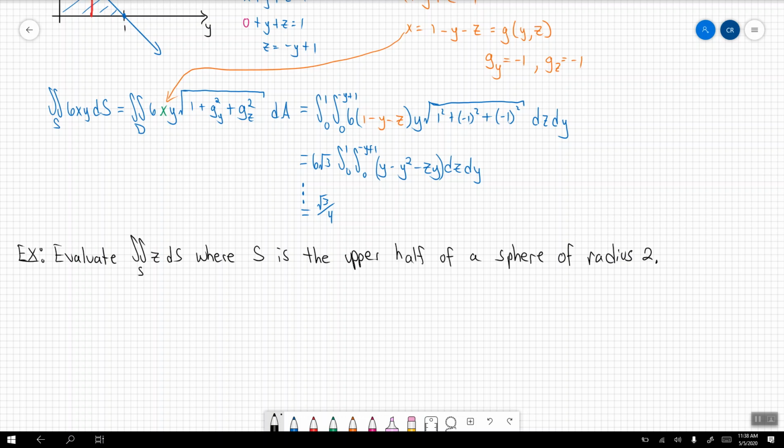Alright, so now what we have here is we want to find this surface integral, but the surface here is going to be the upper half of this sphere.